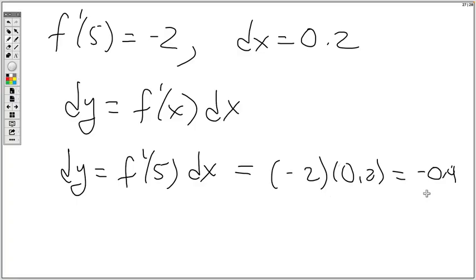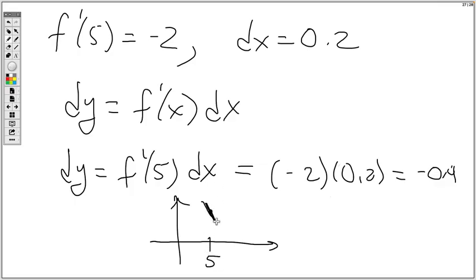So what does this mean geometrically? You're over here at x equals 5. F prime at 5 is negative 2. What's f prime mean? F prime is the what? Slope. So here's whatever's going on. I don't know where f of 5 is. It could be above, below, wherever.